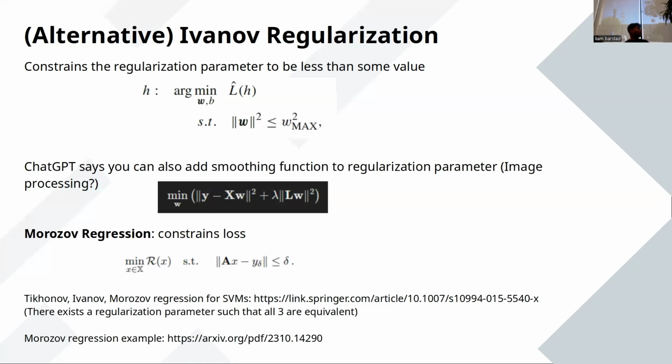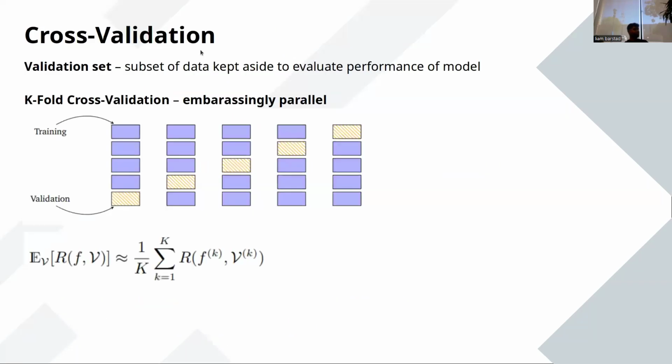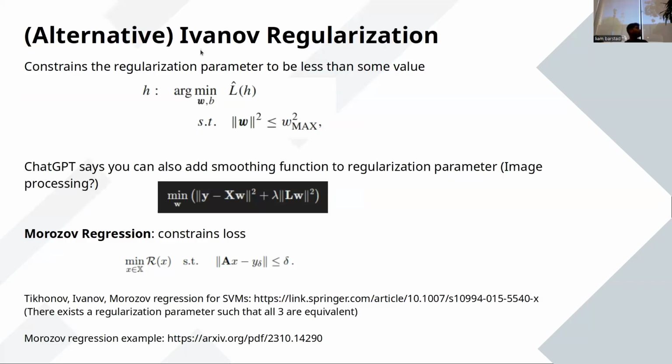And interestingly enough, one more thing, Ted, this is kind of specifically for you. I asked ChatGPT what Ivanov regularization is, and it gave me this, which is completely wrong. But I think it's fascinating because it brought up the idea of adding a smoothing matrix to the regularization parameter.